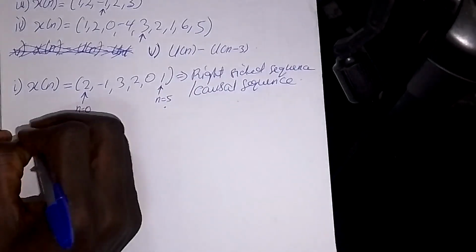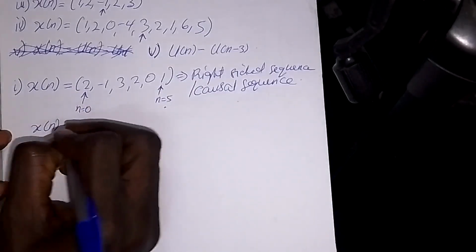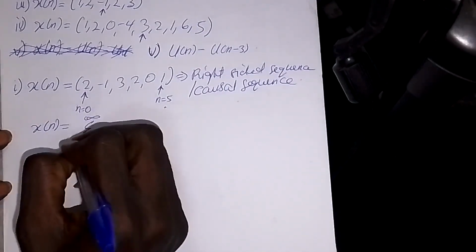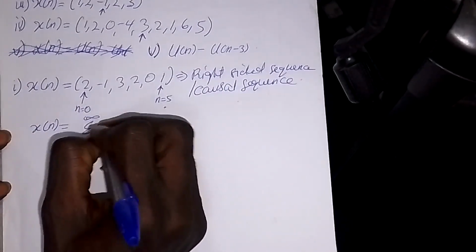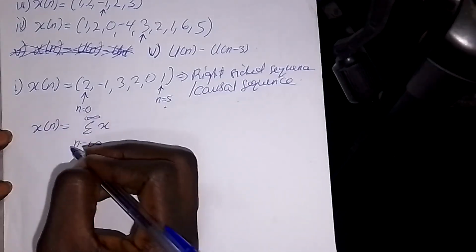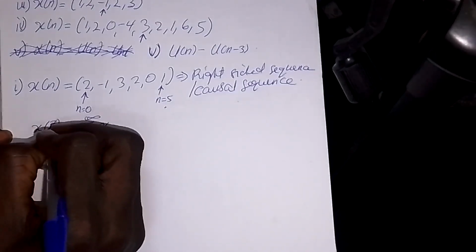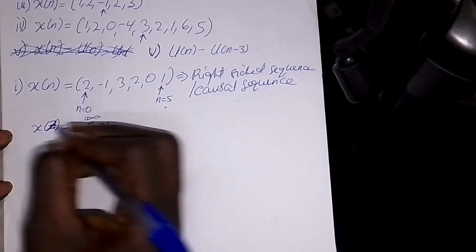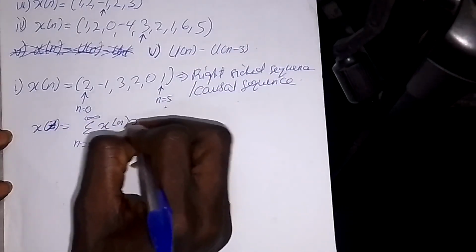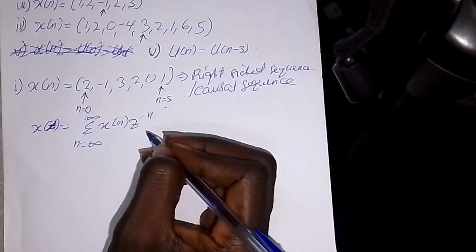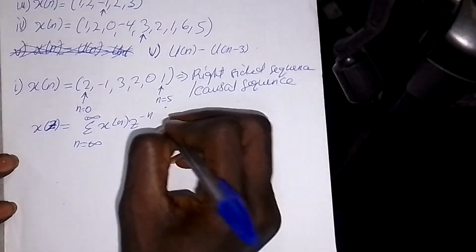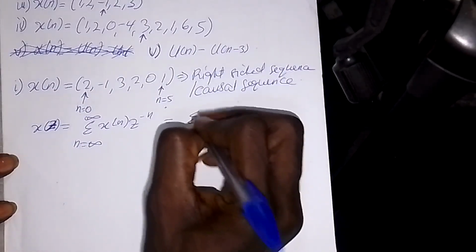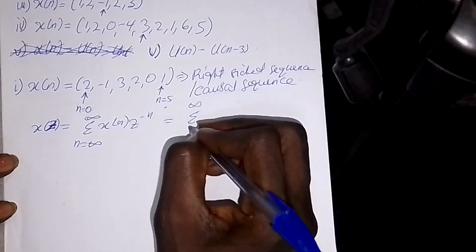So here I can see that X of z is equal to the summation from n equals minus infinity to infinity of x of n into z to the power minus n. Now here, not infinity.